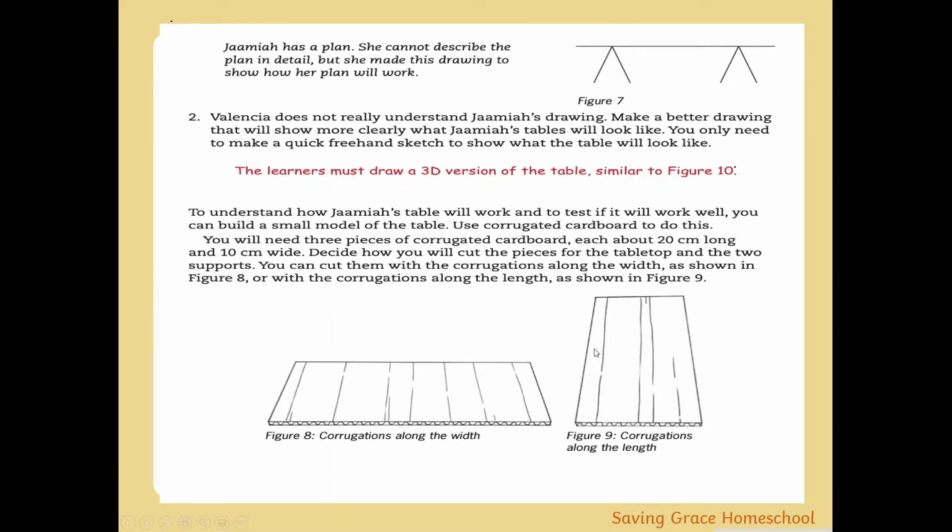But if you do the same with this one, try it yourself, you see it bends weirdly. It doesn't bend in a straight line. It's also very strong in this direction. So if you use this one, figure 9, for the tabletop, it will resist the bending forces pretty well if you put something down in the middle, versus if you do it like this, it'll just bend easily in the middle because the corrugations don't strengthen it in that direction.